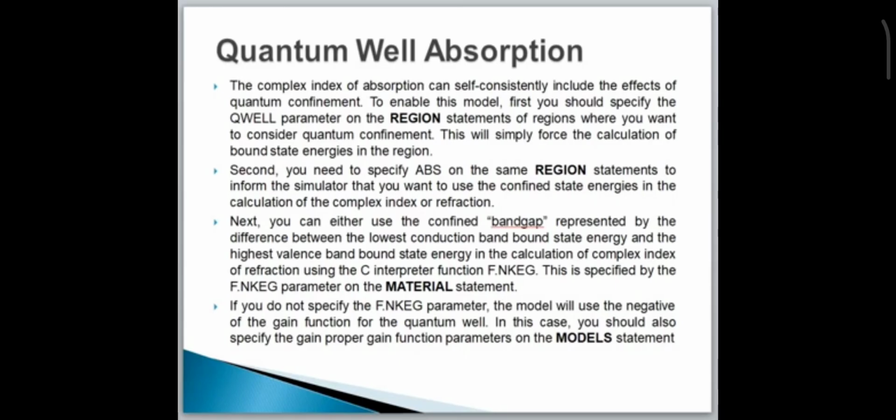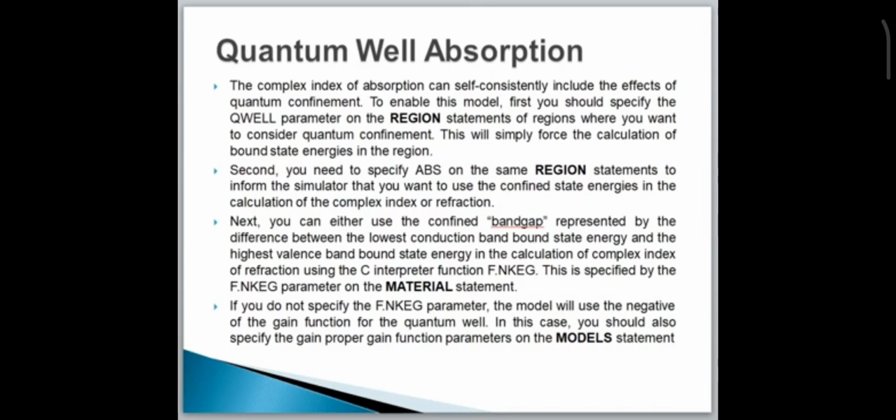If you want to include the quantum confinement effect, you must define the quantum well parameter Q-well in the region statement. You also must define the ABS syntax on the region statement, to inform the simulator that we are using the quantum confinement in the calculation of the complex index of refraction. You also have to define the f.nkeg statement using the C interpreter function in the material statement.